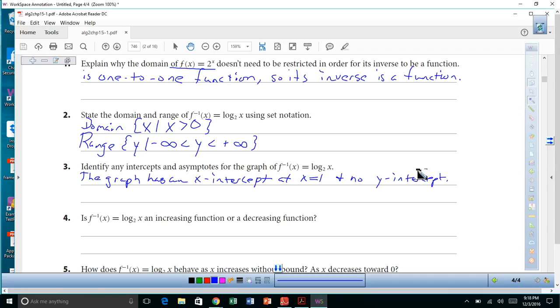It has no horizontal asymptote, but the y-axis, and that's x equals 0, is the graph's vertical asymptote.